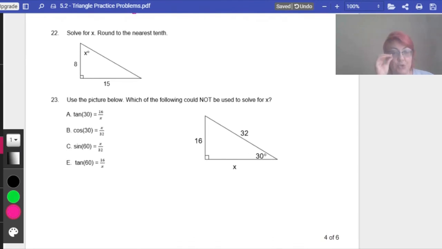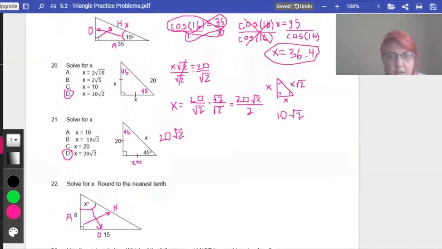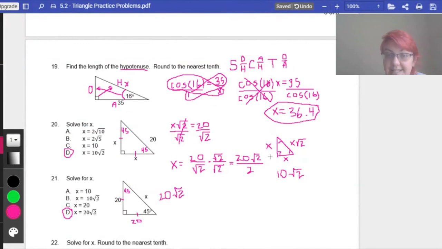Number 22. Let's solve for x. All right, again, here we are using trigonometry. Here is my theta, and I am going over here to my opposite side. From my right angle, I go to my hypotenuse. And then this is my adjacent side because it is adjacent to theta, but is not the hypotenuse. So I am using O and A. O and A is tangent.